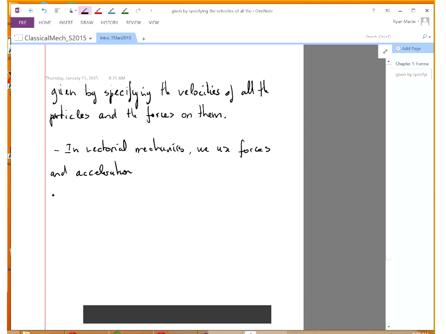In analytic mechanics, we use velocities and potential energies.